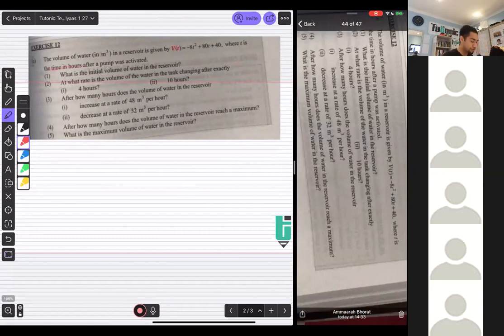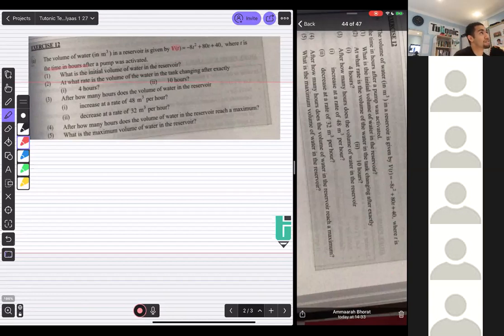A nice way to think of this equation is if I sub in T to be naught, that's basically saying how much water was there at the beginning. If I said T was 30, then I'm asking the equation to tell me what was the volume after 30 hours. If I sub in T to be 80, what's the volume after 80 hours?